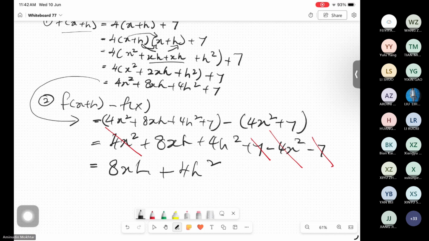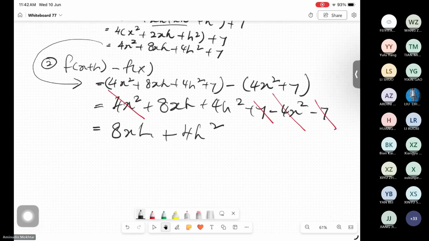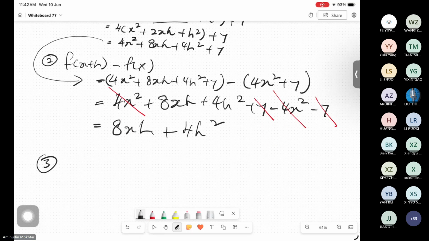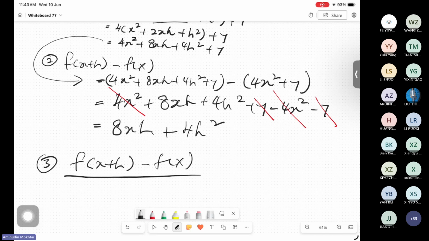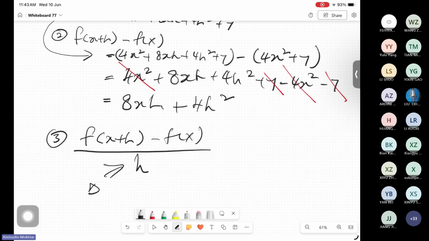Okay, step number 3. We just divide step 2. What is step 2? Step 2 is the equation for step 1 minus the original equation. Divide step 2 by h. What is h again? h is delta x, the change in x.